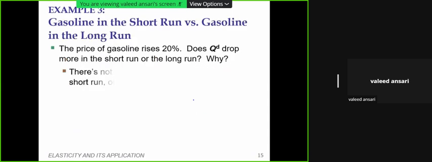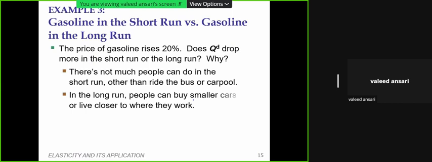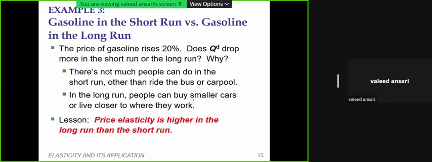Then another important factor is the time horizon, short run or long run. For example, if the price of anything has increased, people may not substitute it in the short period of time.